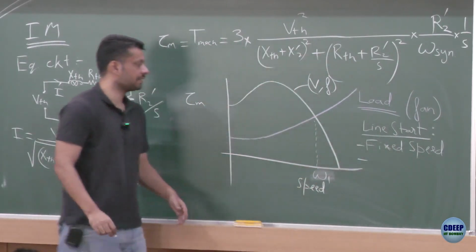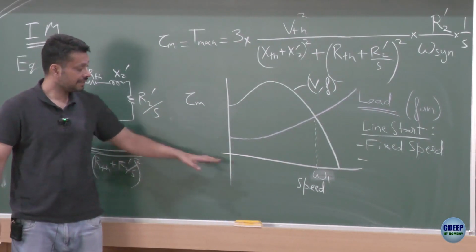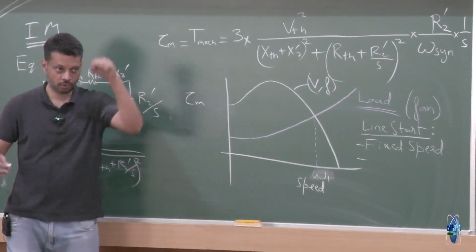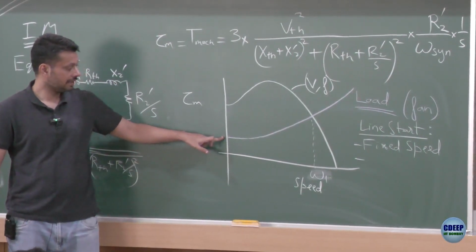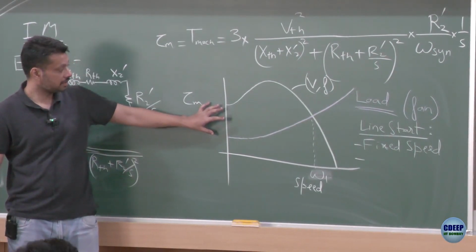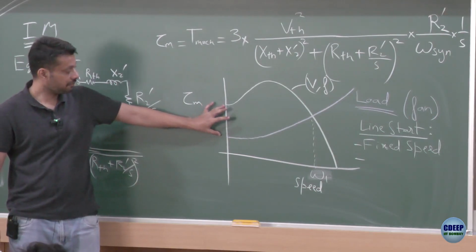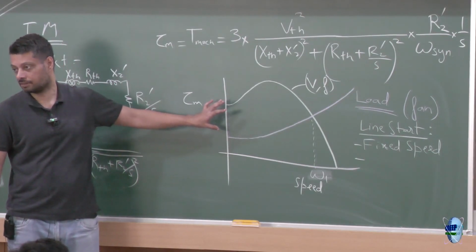The other problem with this approach is that initially the speed is 0, right? So once you turn on this system, you just close the circuit breaker, speed is 0, so the load torque is this much, and the torque produced is this much, right? And then the difference of the two torques would actually be used to accelerate your fan, right?